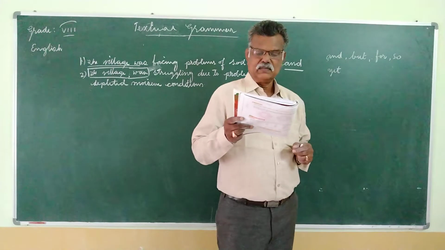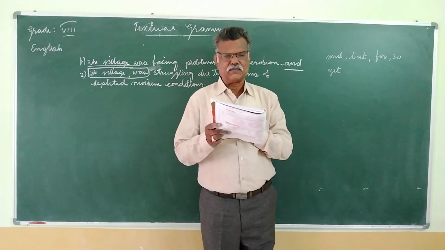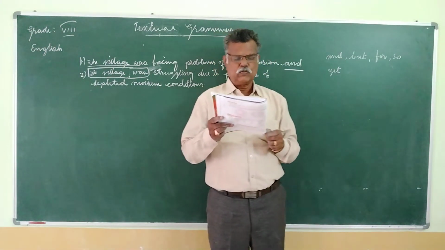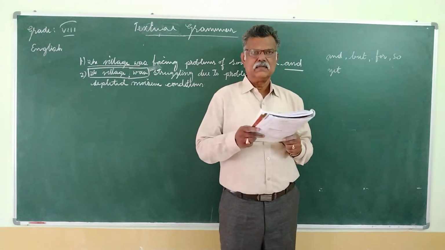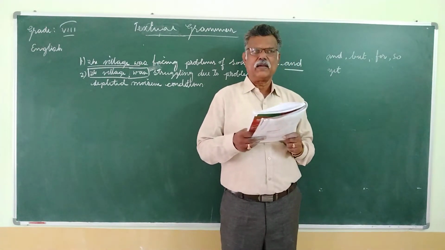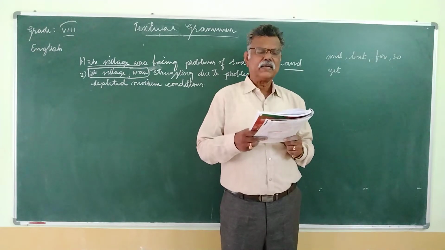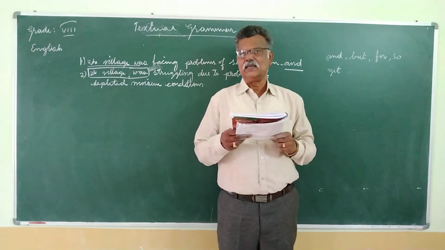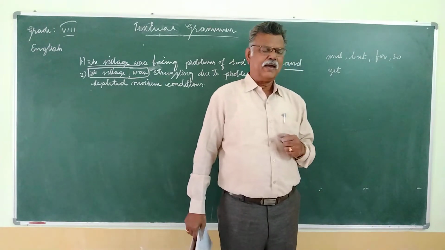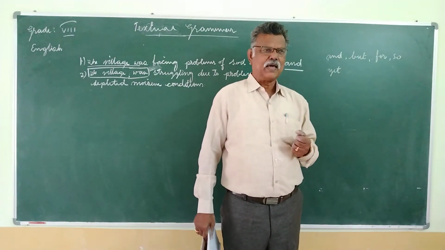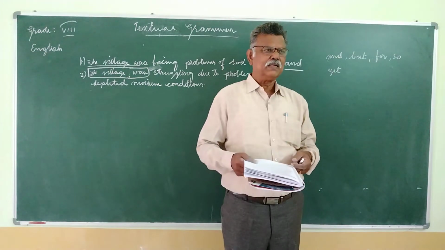Fourth one. Now the answer for the third one is yet, Y-E-T, yet. Fourth one. She was struggling to make ends meet. What ends meet? This is a phrase actually. I am struggling in the corona time. I have no income. I am struggling to make both ends meet.